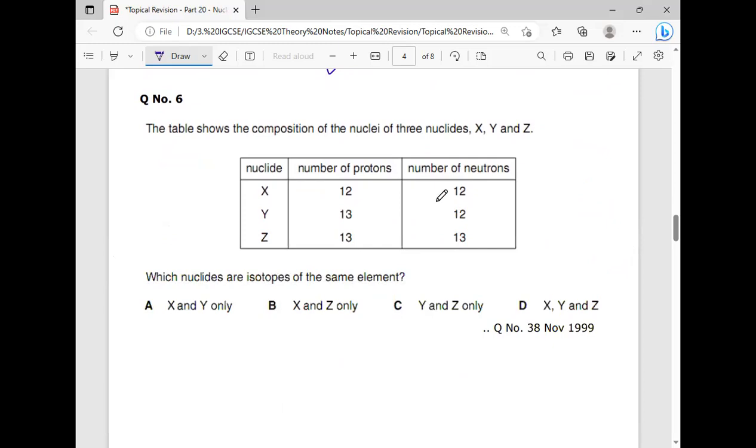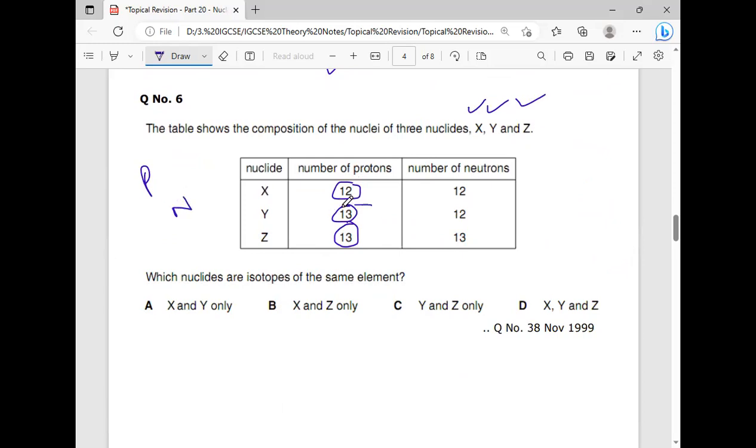Question number 6. The table shows the composition of the nuclei of 3 nuclides X, Y, and Z. Number of protons 12, 13, 13. Which nuclides are isotopes of the same element? And what was the definition of isotope? Same number of protons but different number of neutrons.